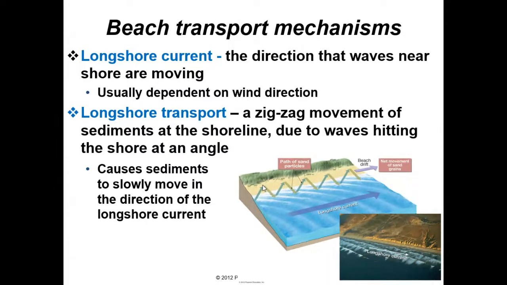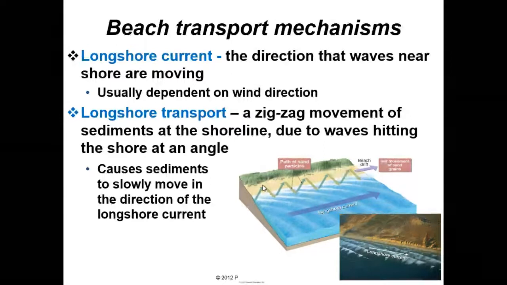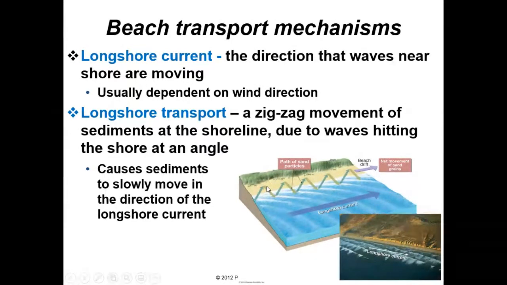And then because of the effects of gravity, that water won't roll back down at a 45-degree angle. No, it will roll back down the face of the beach straight, which is this lighter colored green one.